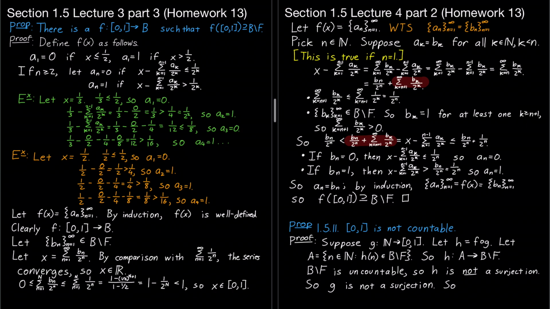So there is no surjection from the natural numbers to 0, 1. All we assumed about g was that it was a function from the natural numbers to 0, 1, and we've seen that it can't be a surjection for any function, and if this interval was countable, there would be a surjection, so 0, 1 is not countable.